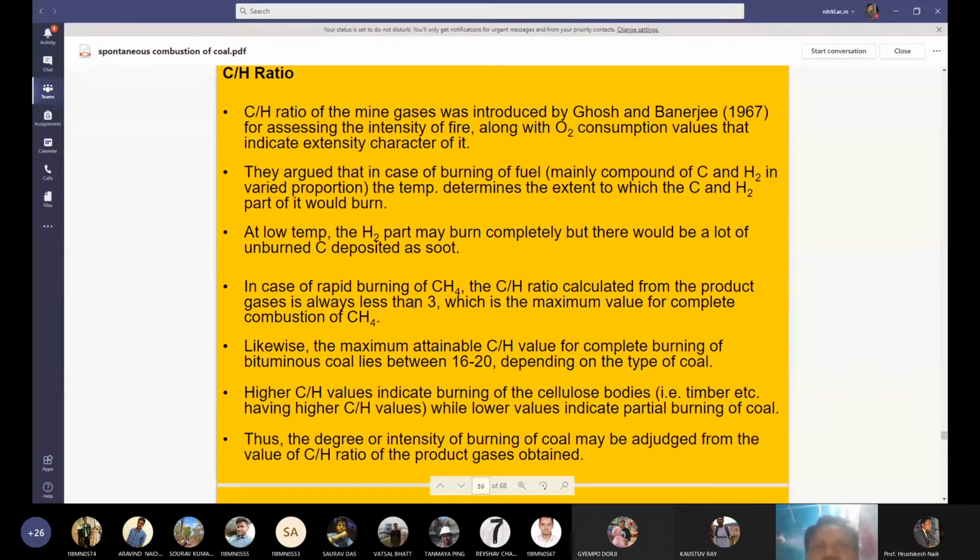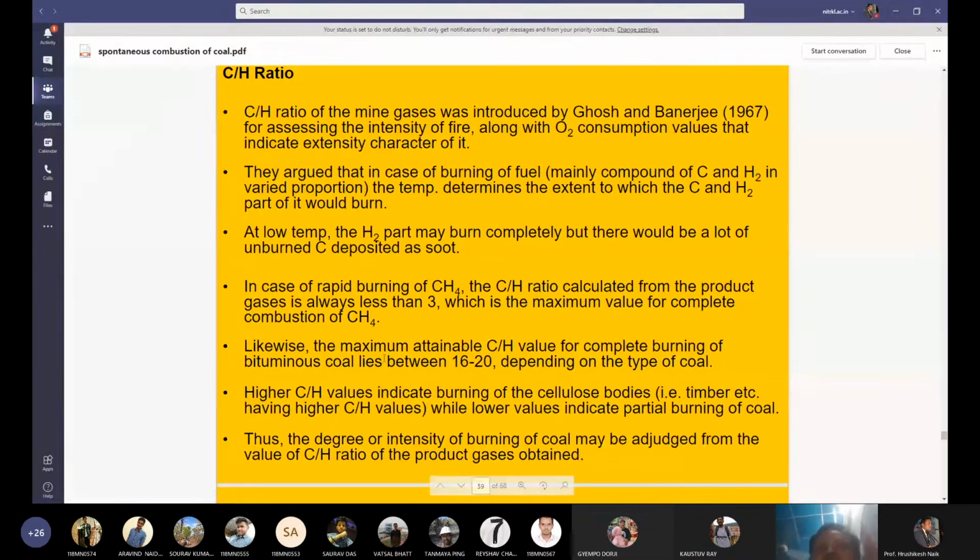So in case of rapid burning of methane, the C by H ratio calculated from the product gases is always less than 3, which is the maximum value for complete combustion of methane.